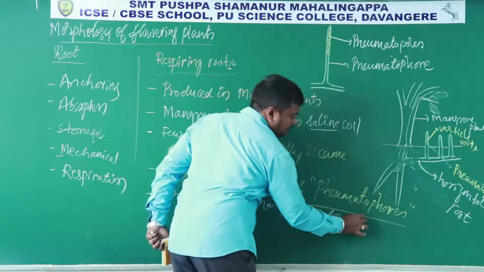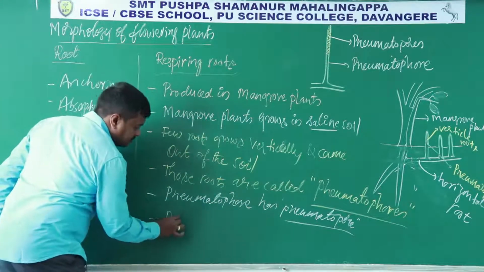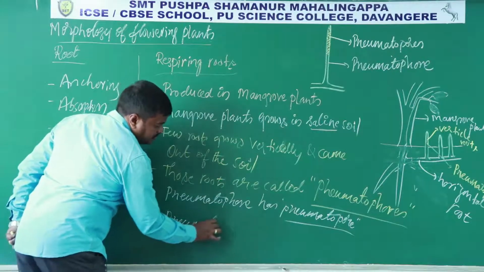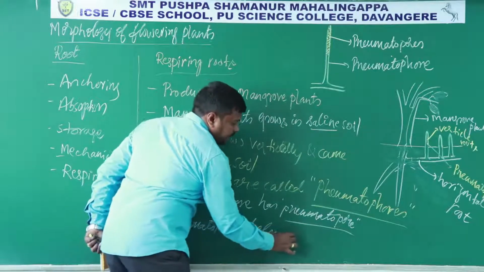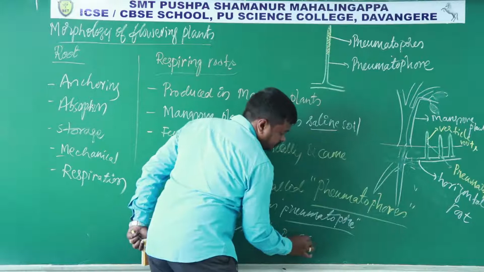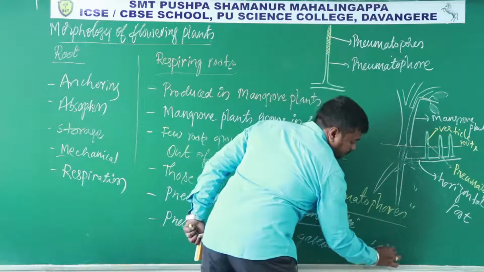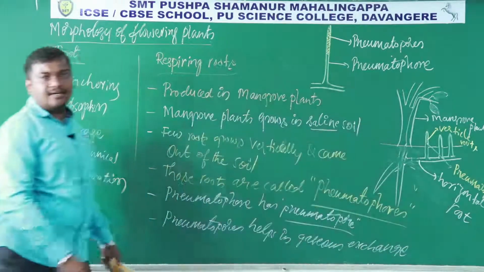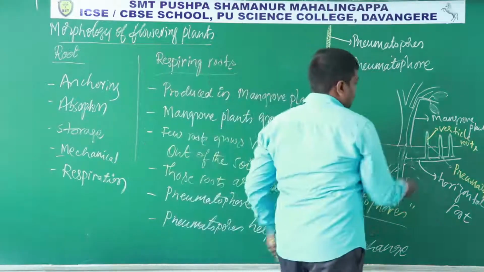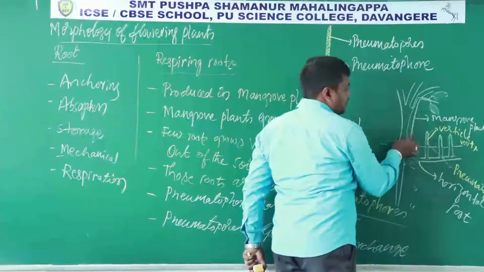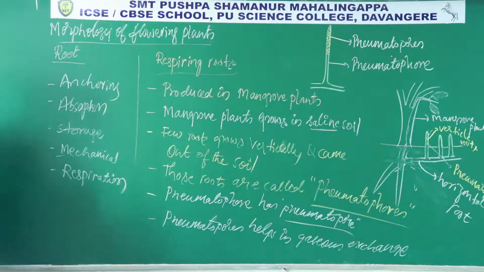Pore is small hole anteli. These pneumatophores help in gaseous exchange. Gaseous exchange takes place through these pneumatophores, and the transport of carbon dioxide and oxygen takes place through them.